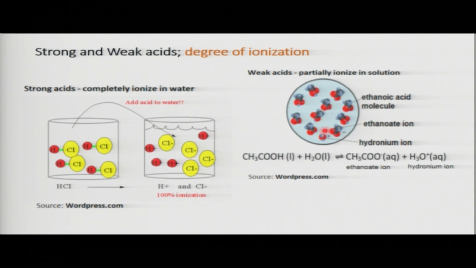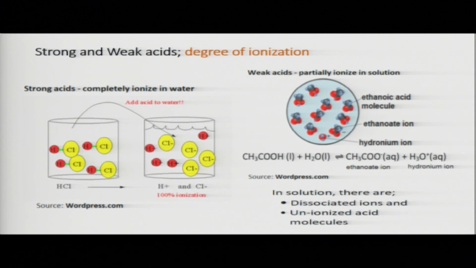The amount of the moles of the acid that has ionized is very low compared to unionized molecules. If we look at this, you have about 10 molecules, 1, 2, 3, up to 10. Only 1 has broken down, releasing hydrogen ions. So this becomes a weaker acid. An example here is this acetic acid in lemon.